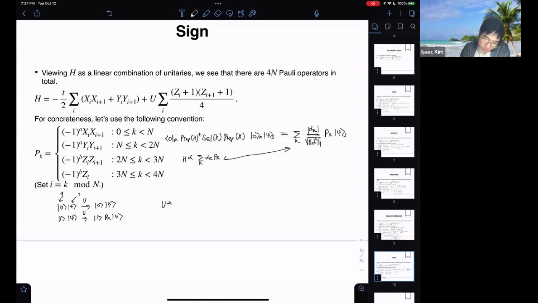All you need to do is change U into U times Zq, because then if you're in the zero state, you again do nothing.